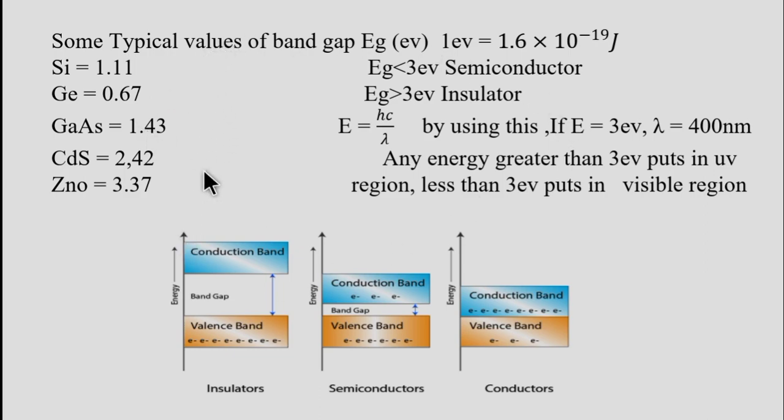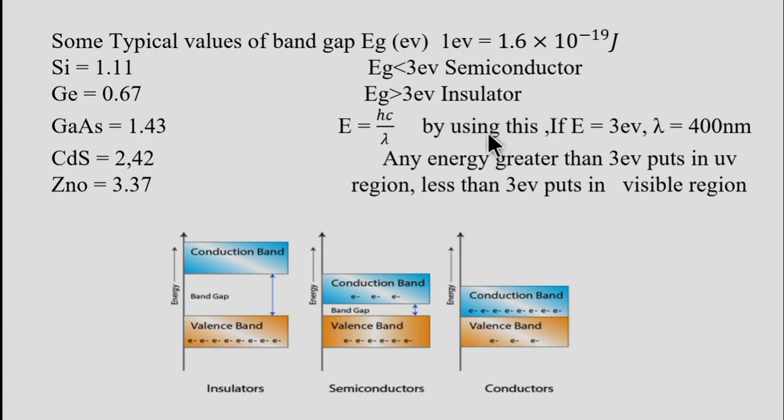Based on this, we can also categorize materials as semiconductor and insulator. If the band gap energy of the material is less than 3 electron volt, then we consider it a semiconductor. If it is greater than 3 electron volt, then we consider the material an insulator.